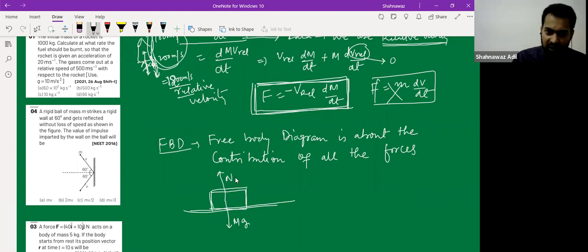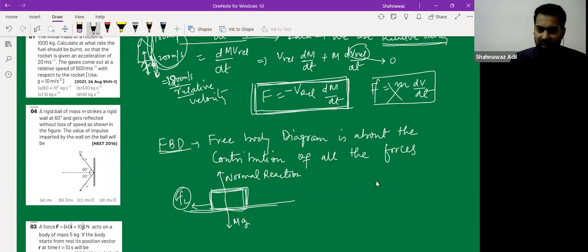This is called the normal reaction, right? And in the friction classes, you will learn that one more force is also acting, which is the static friction. But this we will learn in the friction part. So a free body diagram is about the contribution of each and every force that is acting on a single body.